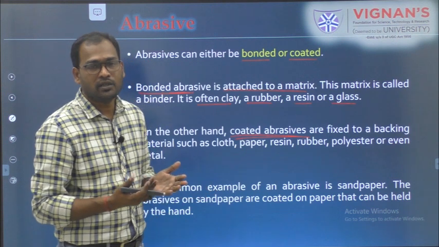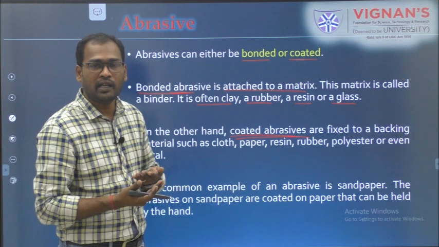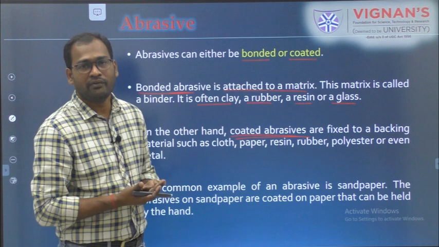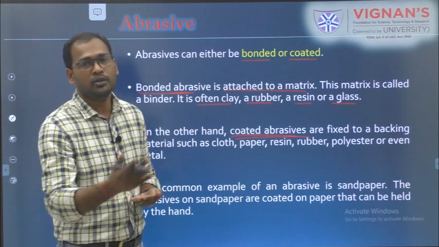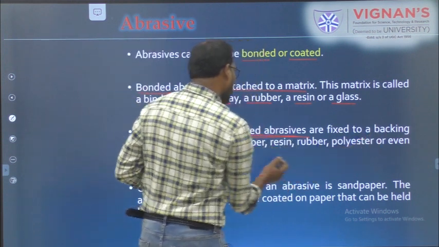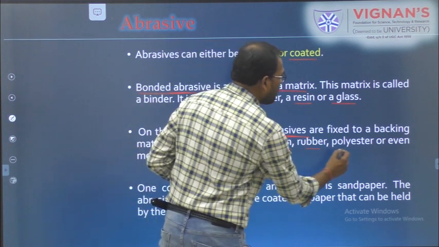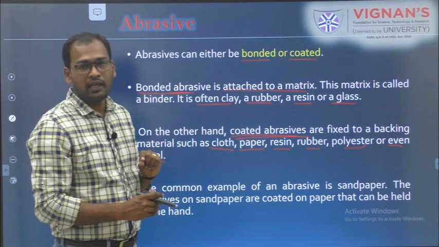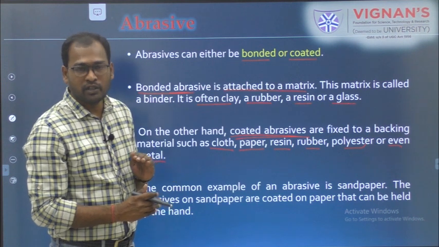To avoid this, these very fine abrasive materials are made into a slurry, and they will be coated over the surface of a thin material, and that thin material will be used as an abrasive material. It can be coated over a cloth, paper, resin, rubber, polyester or even a metal as a thin surface, and that thin surface will be enough to remove the surface irregularities.